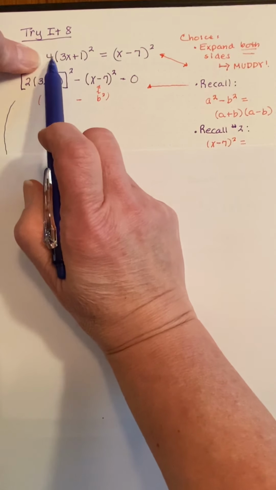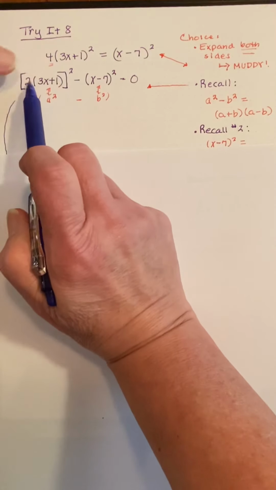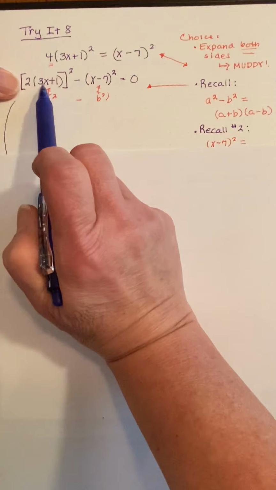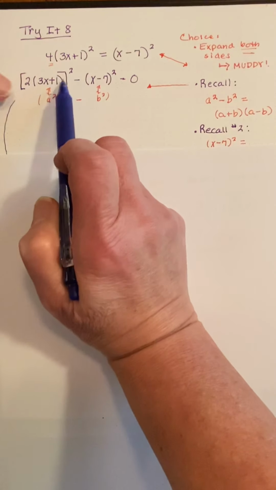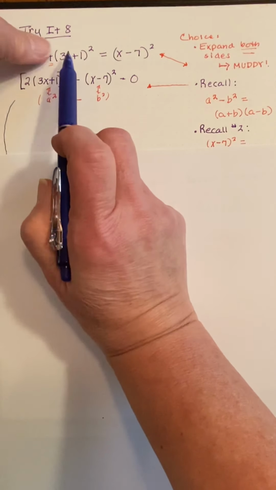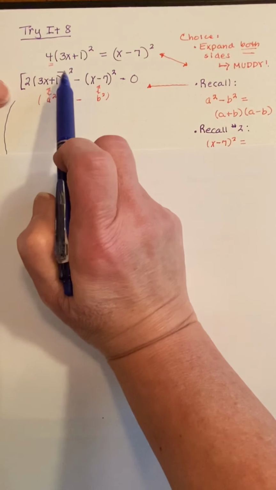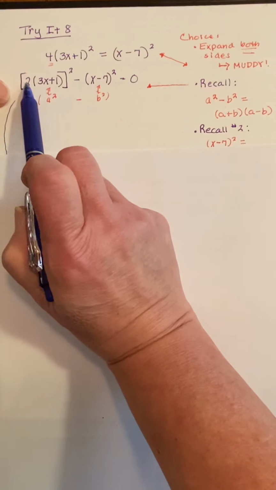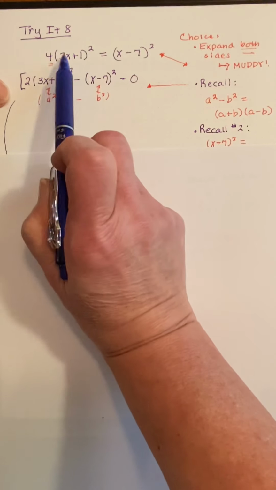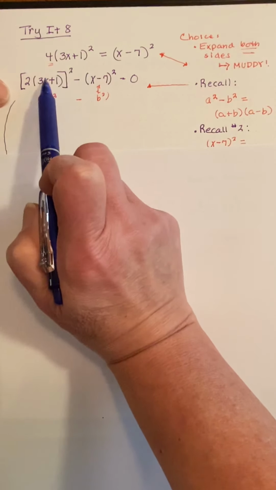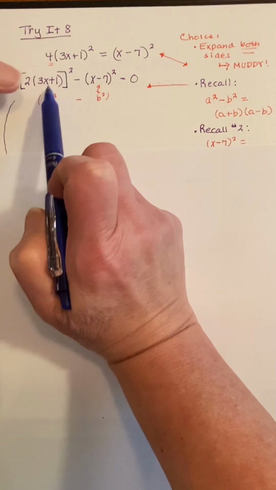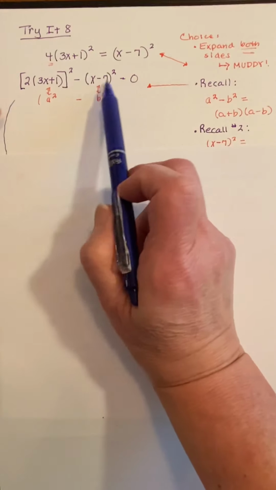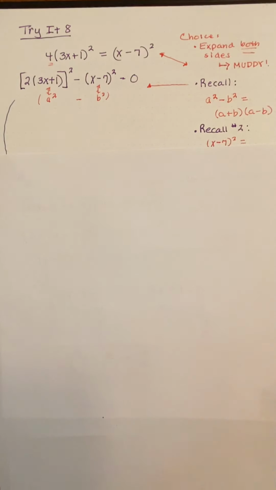However, if I take the square root of 4, which is 2, and then have 2 times 3x plus 1, use that as one singular quantity instead of 2 separate ones, and square the whole thing, I have basically the same thing, because I would square the 2, and this would just be left in this form squared. So I had to redo this to get my a for the a squared minus b squared, and then I have the b squared is already in the way it needed to go.